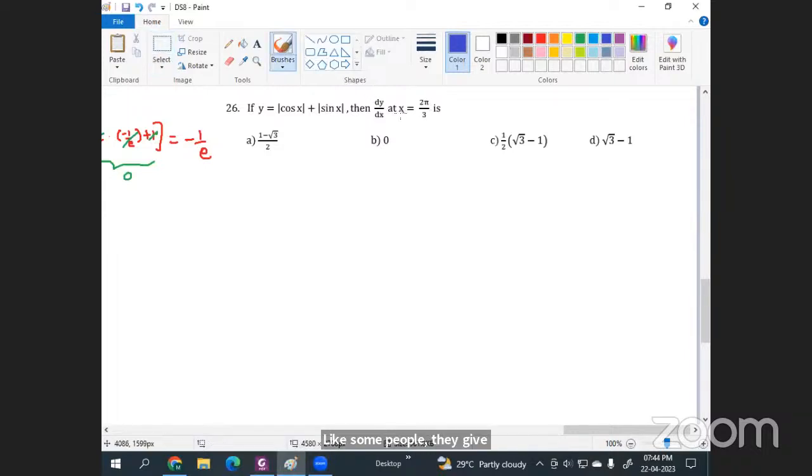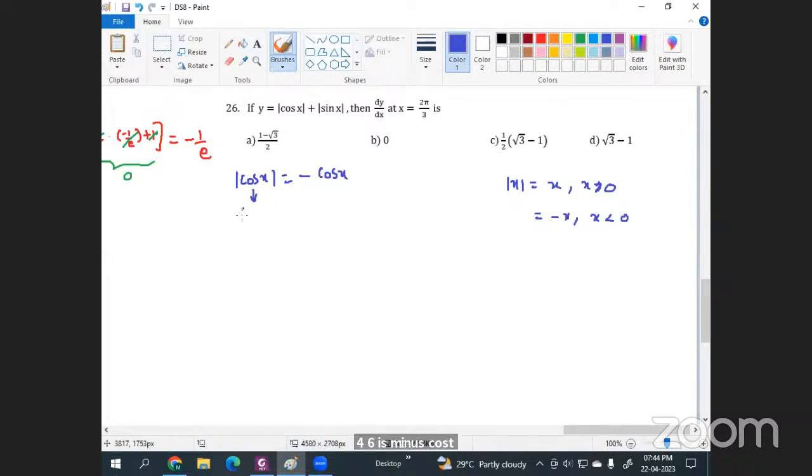Here, we know that mod x equals x when x is greater than 0, and minus x when x is less than 0. Right? So keep this in mind. Cos x is minus cos x, no?